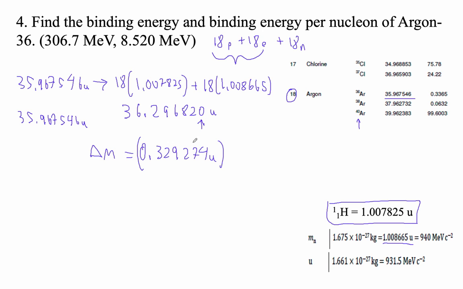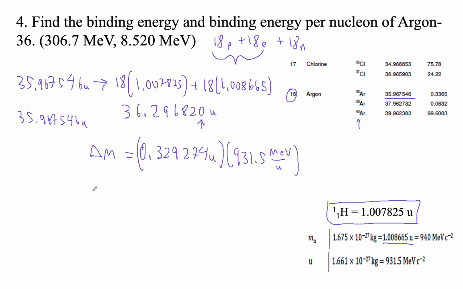Which means that to tear this thing apart, you'd have to put in, I'm going to multiply by 931.5, and that's MeV per U. You'd have to put in that much energy to tear it apart. So I'm going to multiply by 931.5.